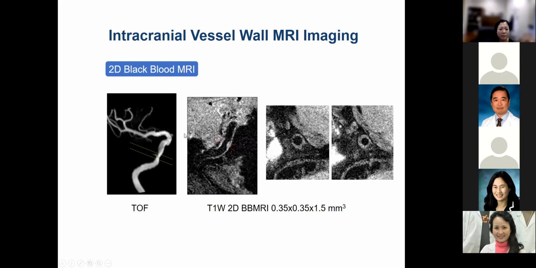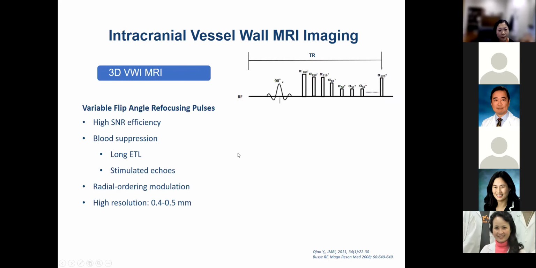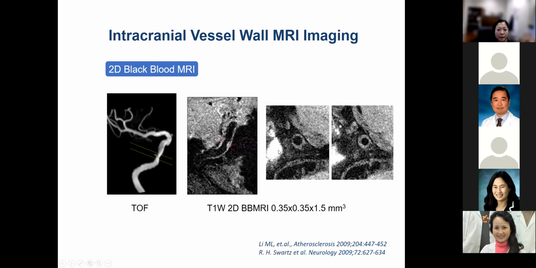This is a 2D MRI black blood image. That means the blood is black, and we have a particular technique to suppress blood signal and highlight this buildup. This is the lesion, the atherosclerotic plaque.